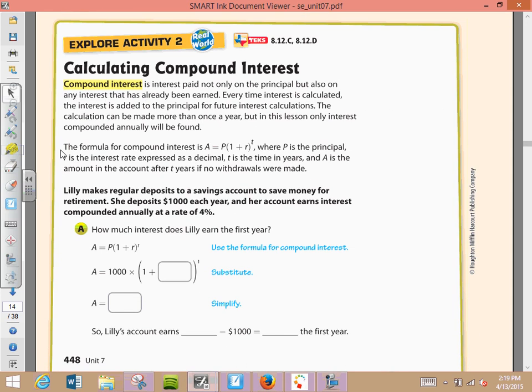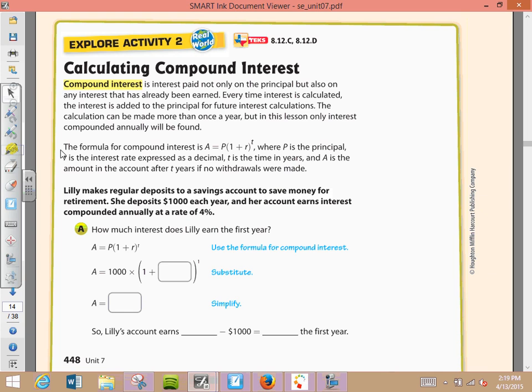The next one is compound interest. This one I tried to explain last time, that you have to redo the whole thing over and over and over again. You really don't. You actually have a formula you can use for it. So for this one, it's a different type of interest.